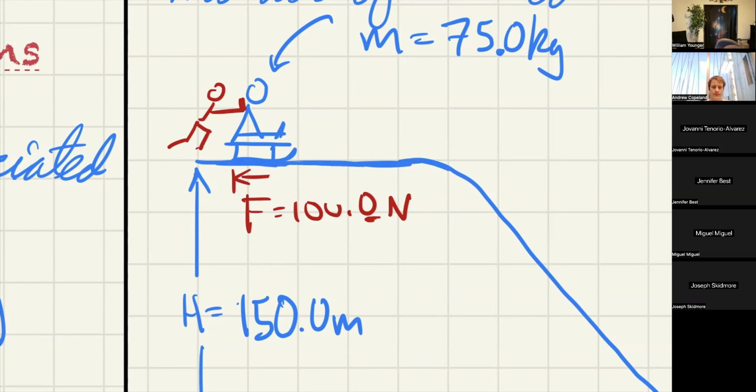And I'm going to say the displacement is 3.00 meters, and that's going to be perfectly horizontal. So that's dad there. And this is the force done by dad.